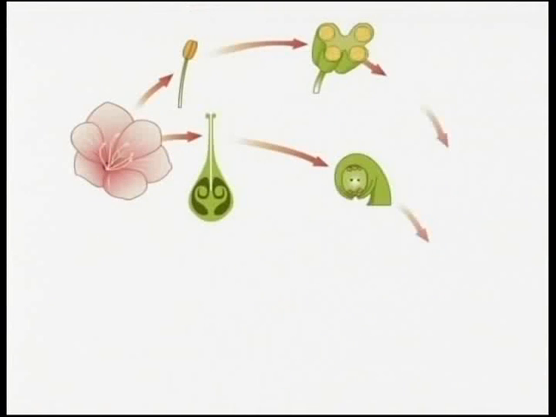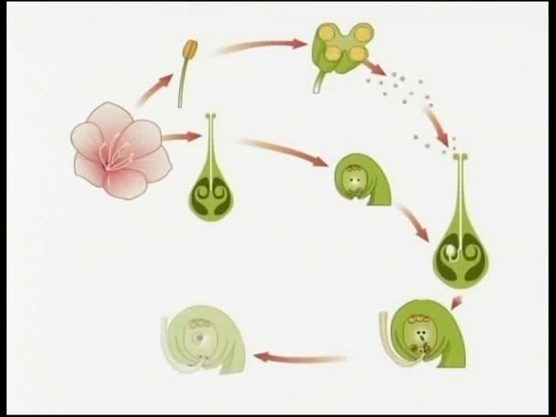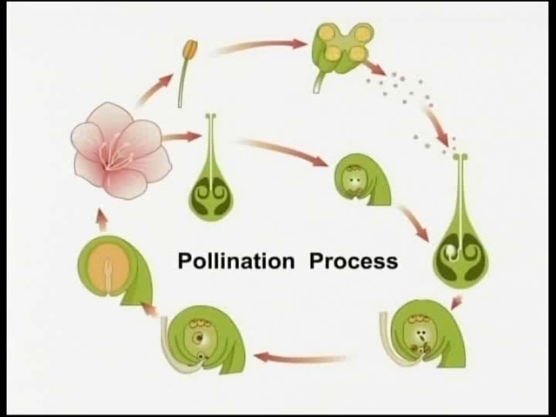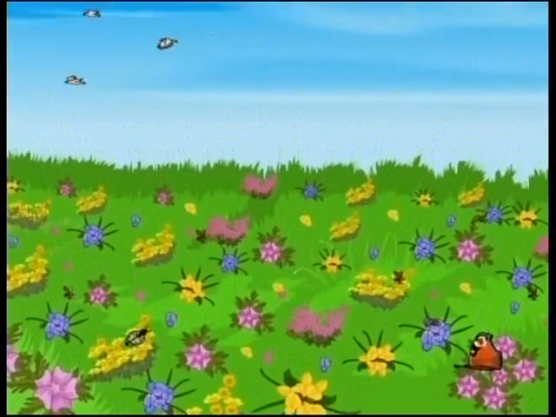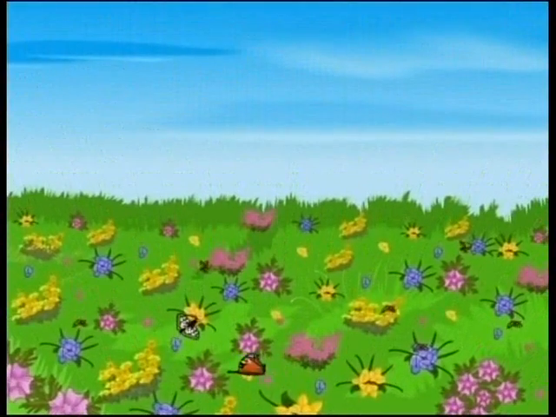Pollination is the transfer of pollen from the male part of a flower to the female part of the same flower or another flower, causing the flower to produce seeds.